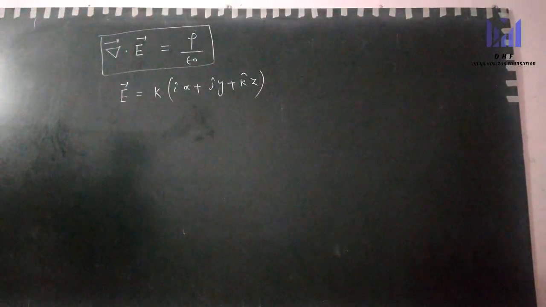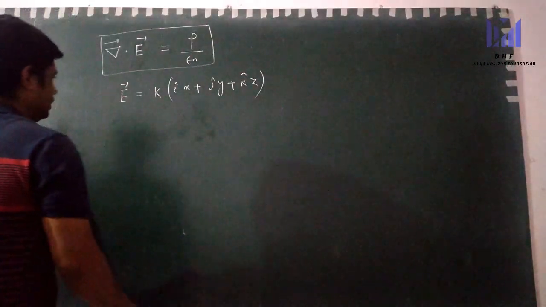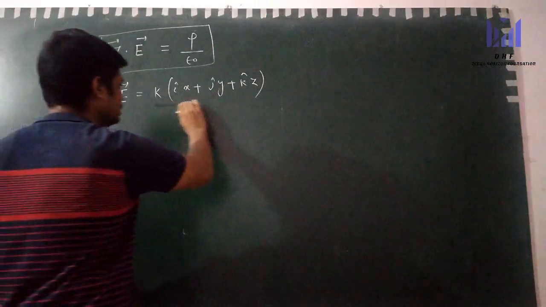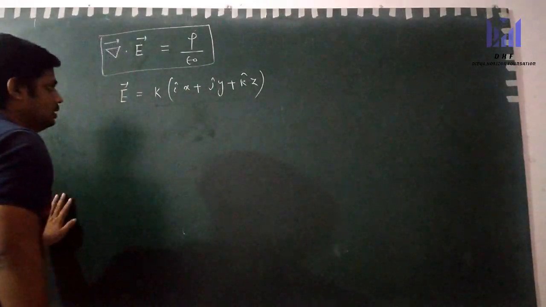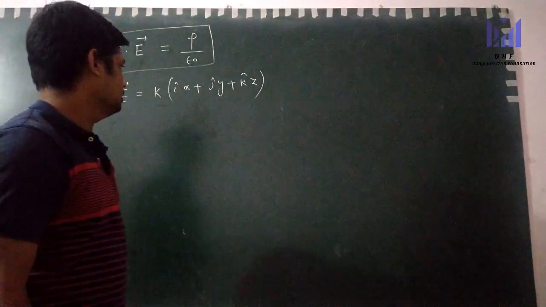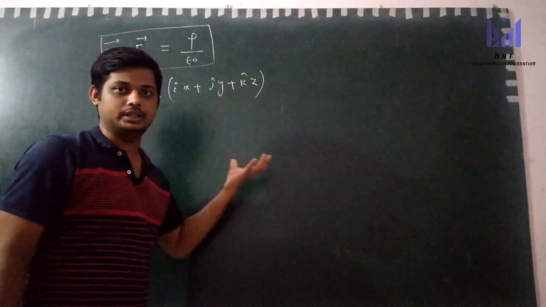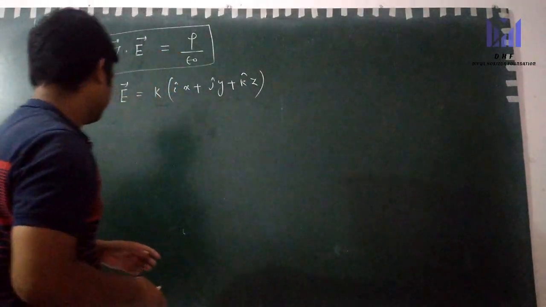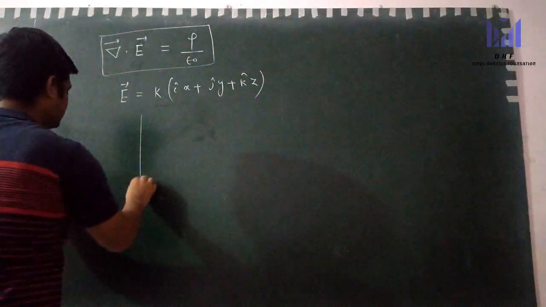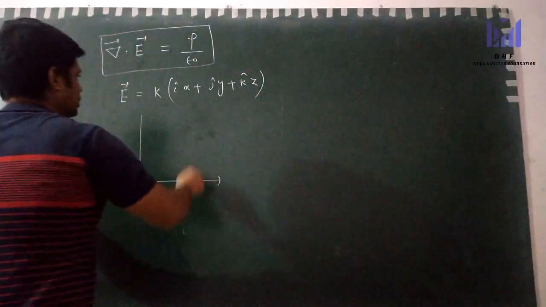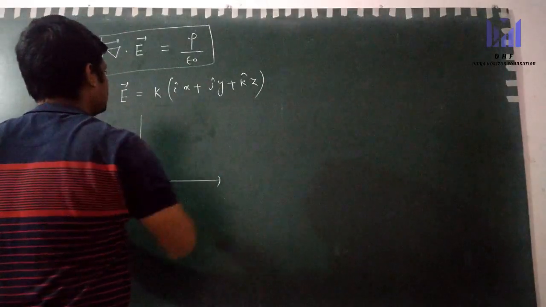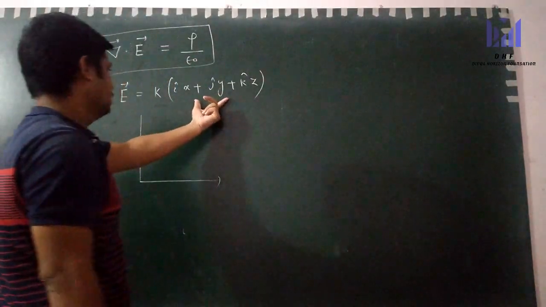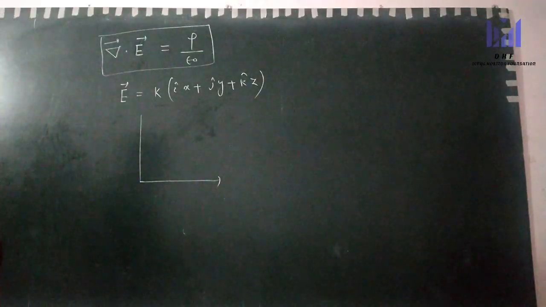So what does it mean? It means that in that region the electric field is expressed by this function. Then how can we imagine what kind of electric field it is, or what kind of orientation this electric field has? See, the term written here, i cap x, j cap y and k cap z, is nothing but the position vector, or r vector.